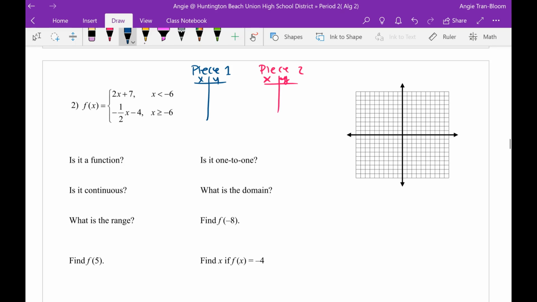So once you've decided, Victoria, piece 1, what is your starting input? Good. Open circle or closed? Yes, very good. Open circle, very, very good.